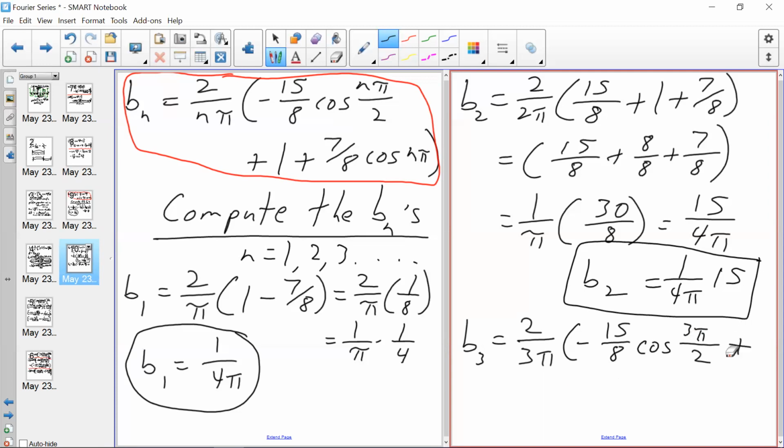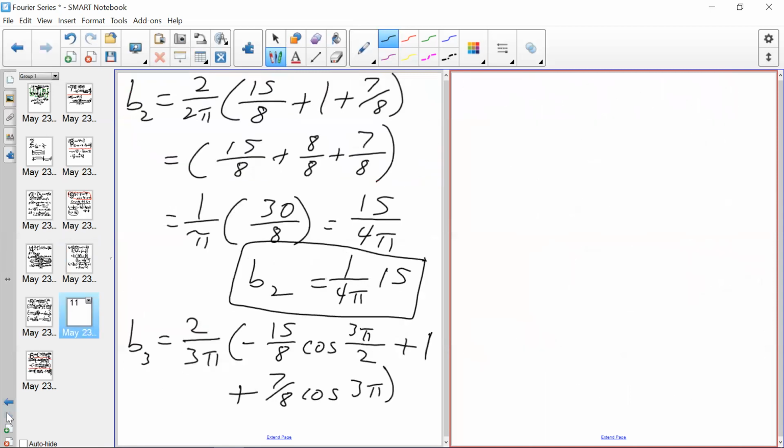plus 1. I'll just put that 1 here, plus 7/8 cosine of 3 pi, because now n is equal to 3. Go to the next one. So this is going to be 2 over 3 pi.